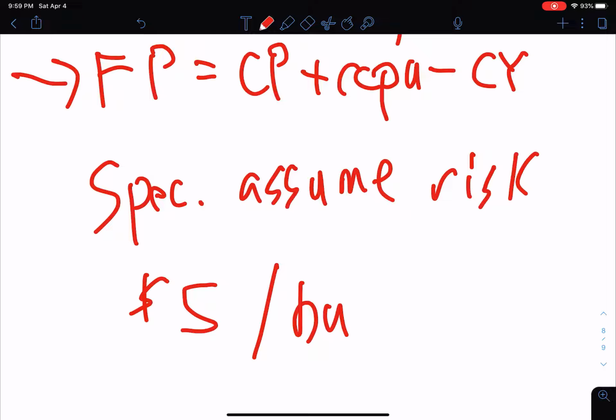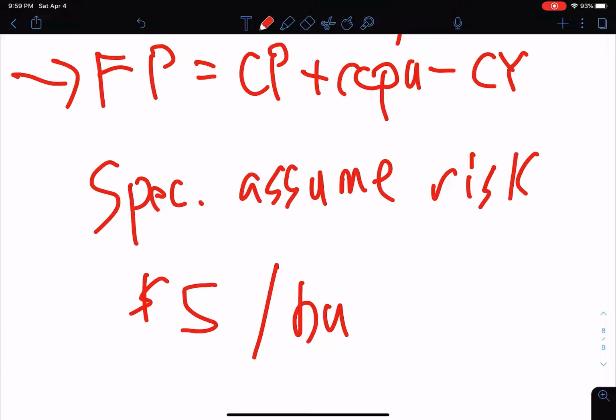Remember, spot asset and cash asset are synonyms. So hedging involves taking an opposite position in futures than is your position in the cash asset, or maybe not a position in the cash asset, but a future spot market obligation.